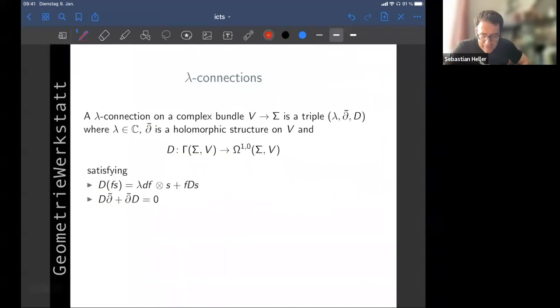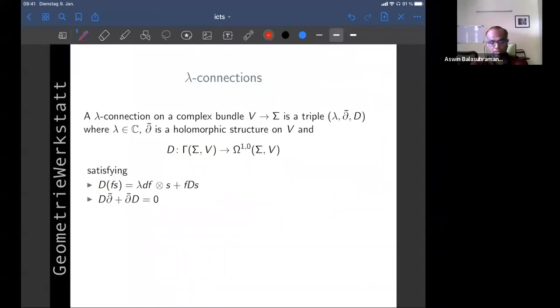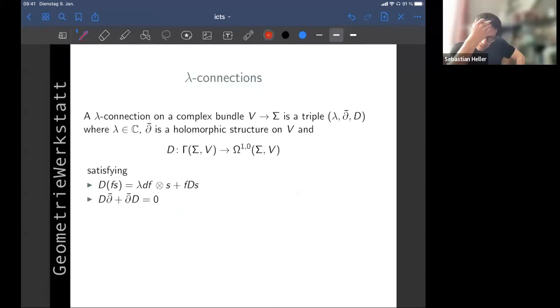What I wanted to say is that the third ingredient of a holomorphic lambda connection is a first order differential operator D, which satisfies a rescaled version, and here I should write 1-0, of the Leibniz rule. So it's not an ordinary Leibniz rule, but we just rescale it by this complex number lambda.